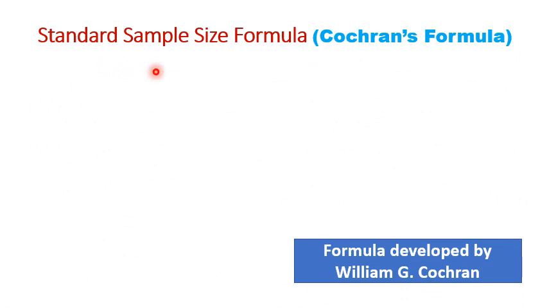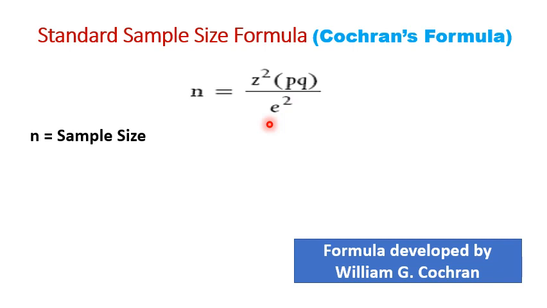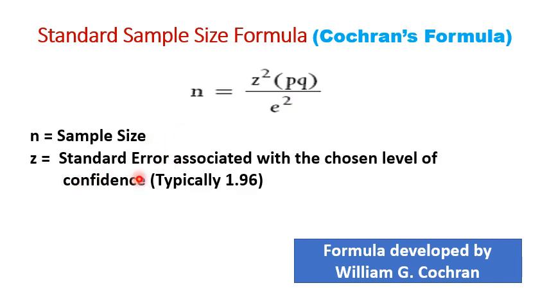Let us analyze one standard formula used for sample size calculation. This formula was developed by William G. Cochran. The formula is n = Z² pq / e². Here n is the sample size. Z is the standard error associated with the chosen level of confidence.